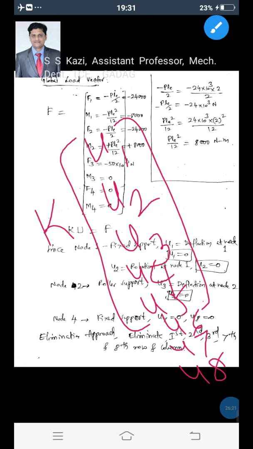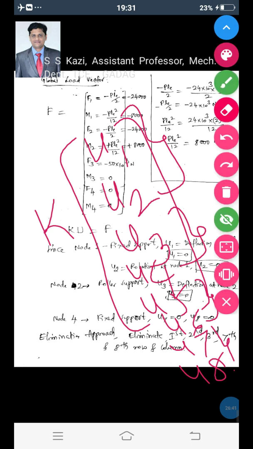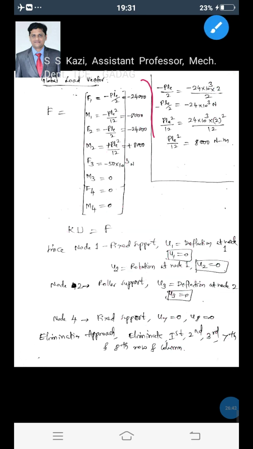This U1 and U2 are the deflection and rotation at node 1, U3, U4 deflection and rotation at node 2, U5, U6 deflection and rotation at node 3, U7, U8 deflection and rotation at node 4. Okay, like this. So the global stiffness matrix is of order 8 cross 8 and 8 unknowns you should write, and that is equal to the 8 components of forces here.